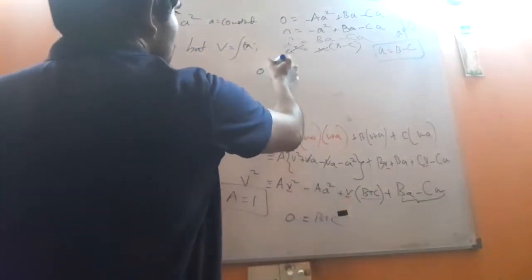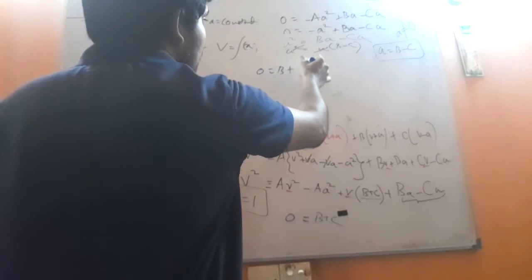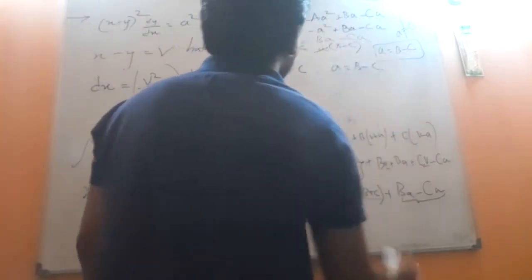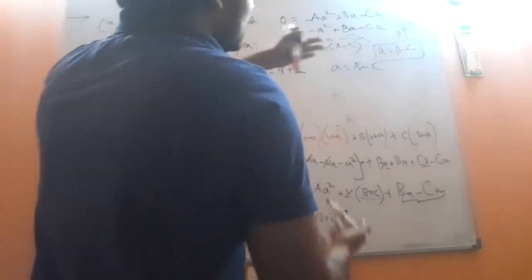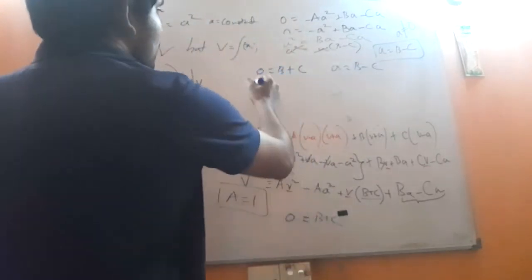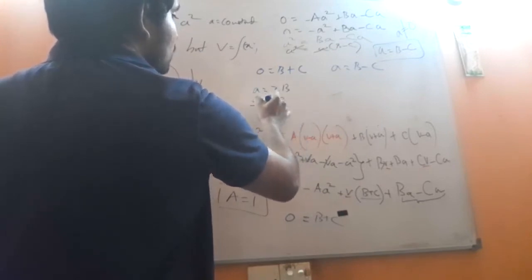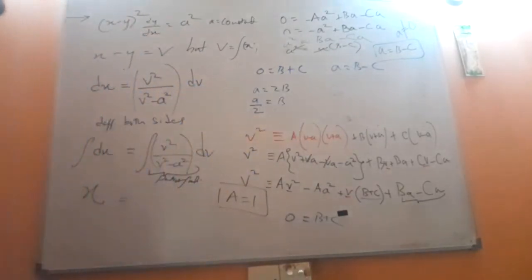In one result it says 0 equals B plus C, and in here it says A equals B minus C. So you can add this equation and that side. So then you are getting A equals 2B. So B equals A by 2. Right?